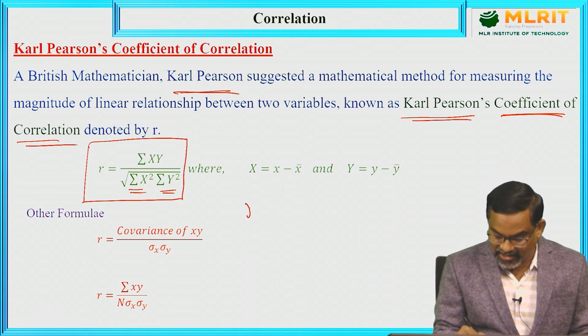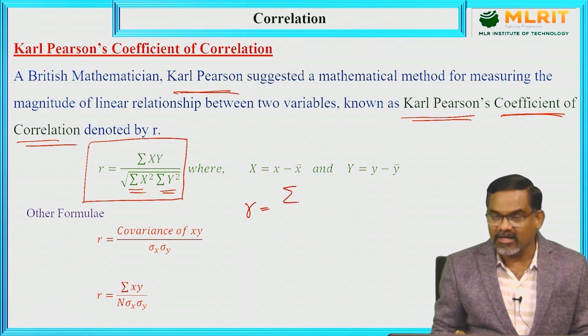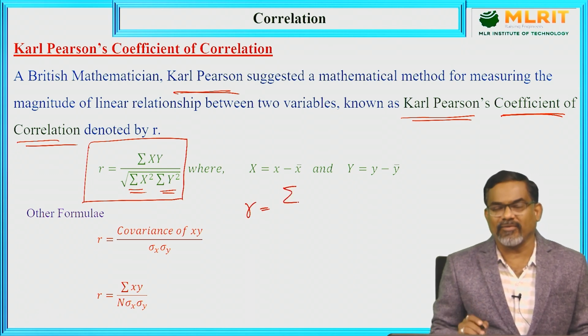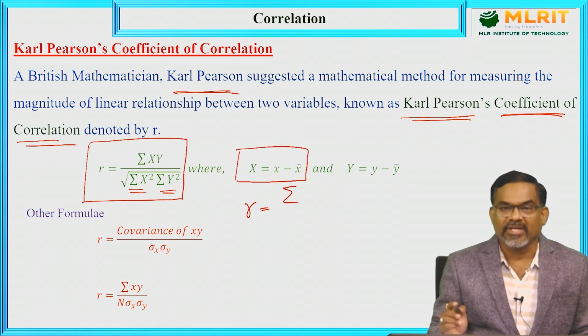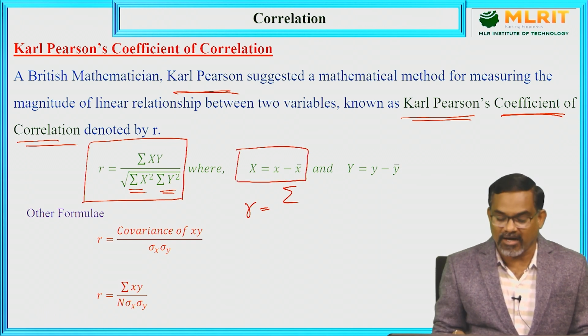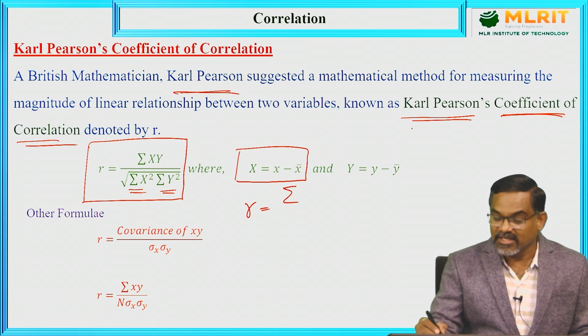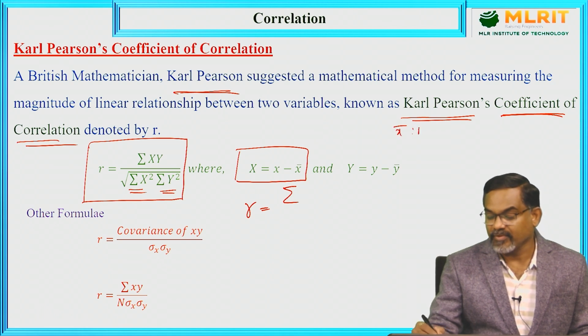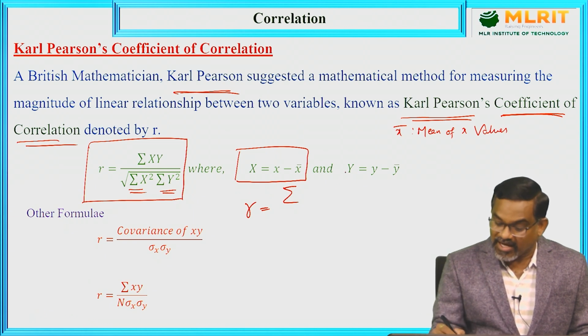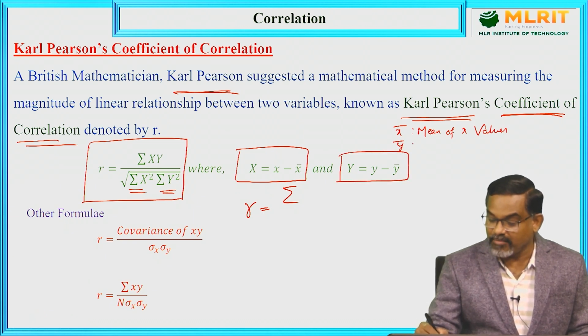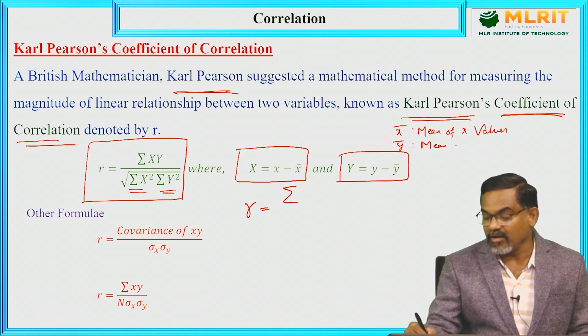So simply R is sigma capital X into capital Y. What is capital X? Here it is clearly mentioned. Capital X is x minus x bar, where x bar is the mean of x values. And then capital Y is y minus y bar, where y bar is the mean of y values.